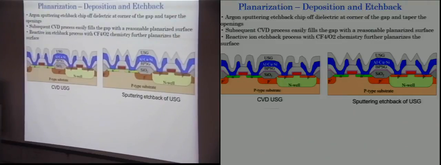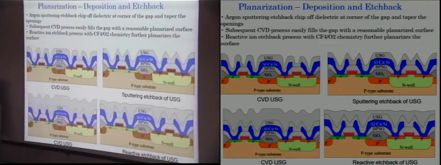First you deposit the undoped silica glass through CVD, and then you do sputtering to change the shape of the material. Then you deposit another amount of CVD USG, and then you back sputter again. You continue this process again and again until the film becomes more planar.